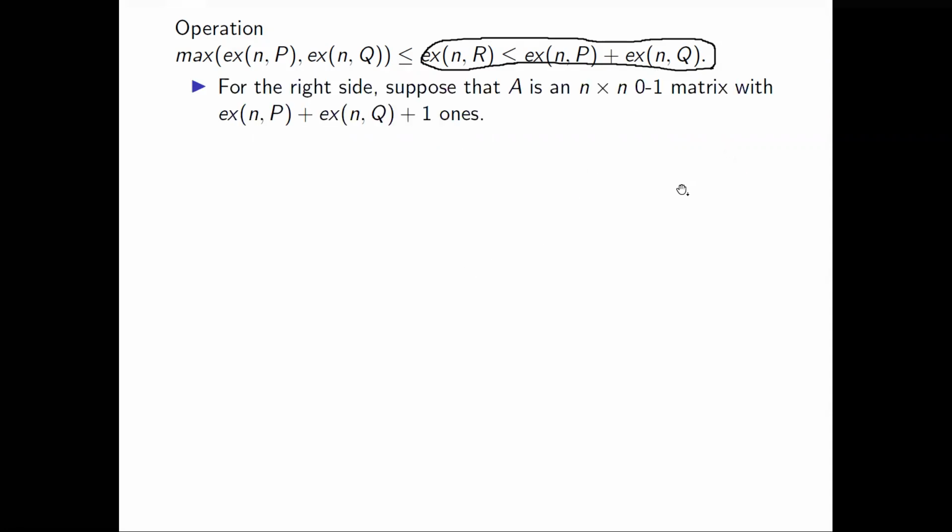So we'll suppose that A is an n by n 0-1 matrix which has at least ex(n, P) plus ex(n, Q) plus 1 ones. I just want to note right here, there is an "at least" there.